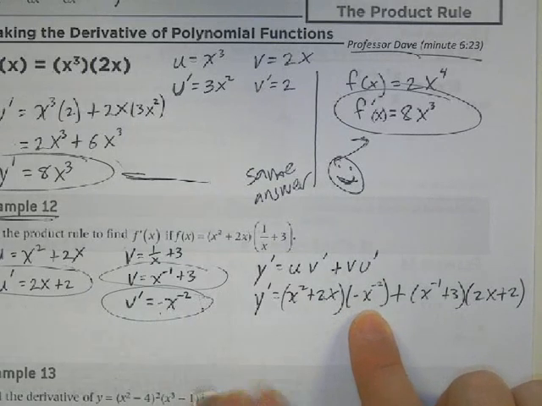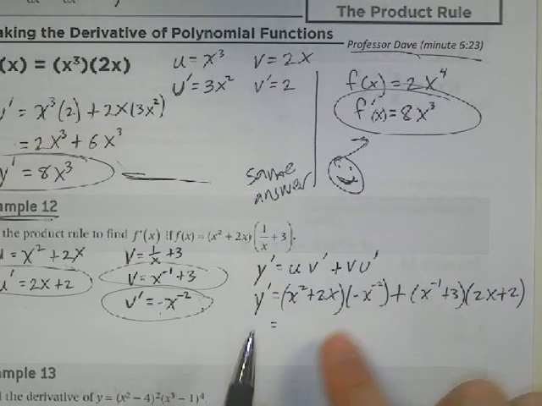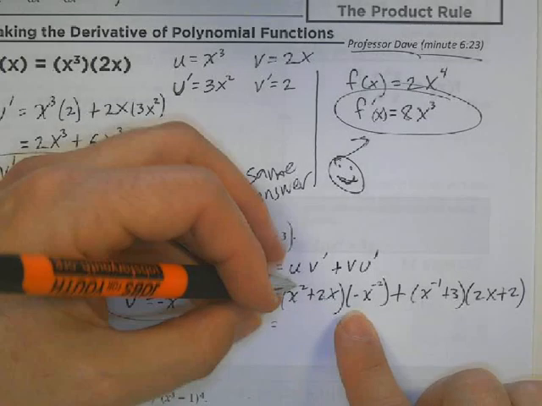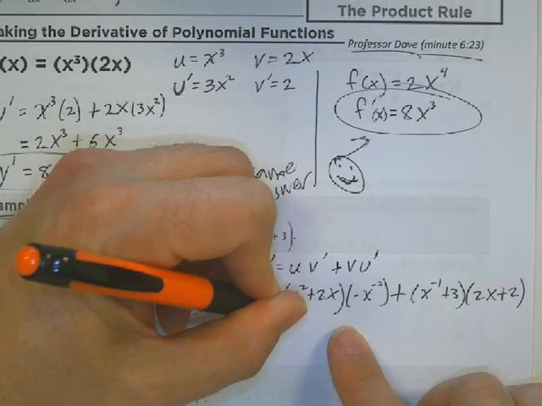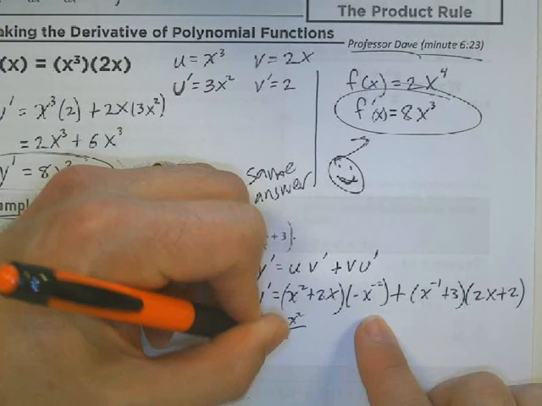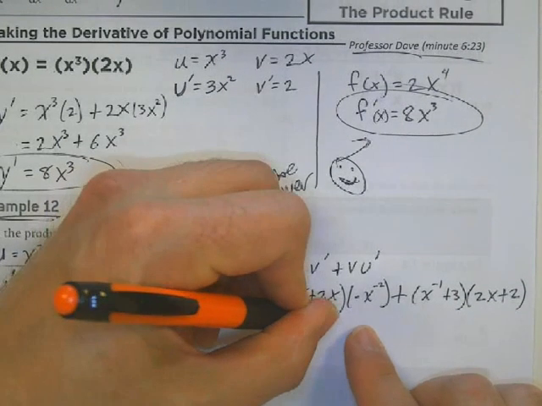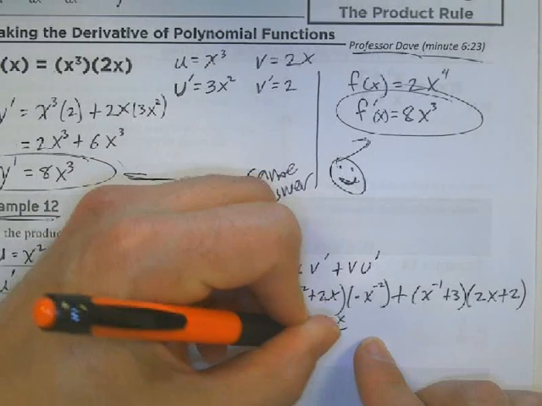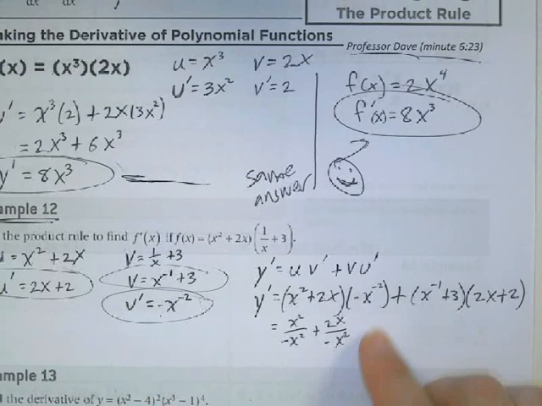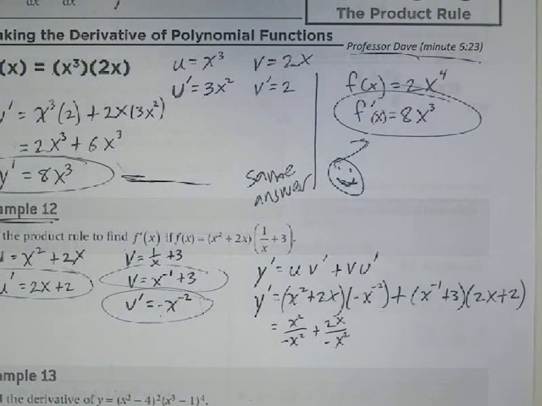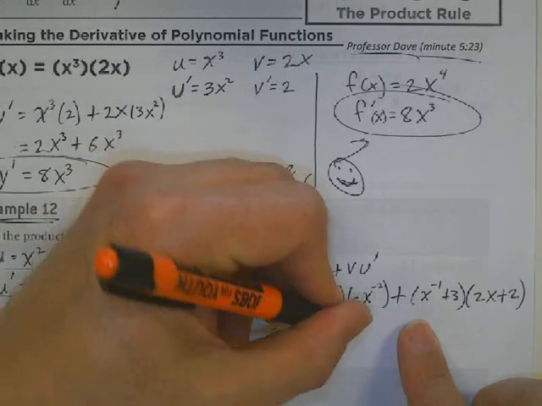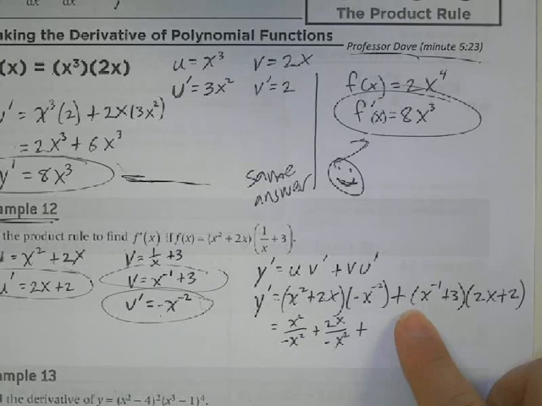I could say this is equal to x squared times negative x to the negative 2 plus 2x times negative x to the negative 2, right? If I did distributive property with a negative 1 over x squared, and then here I could FOIL this out.